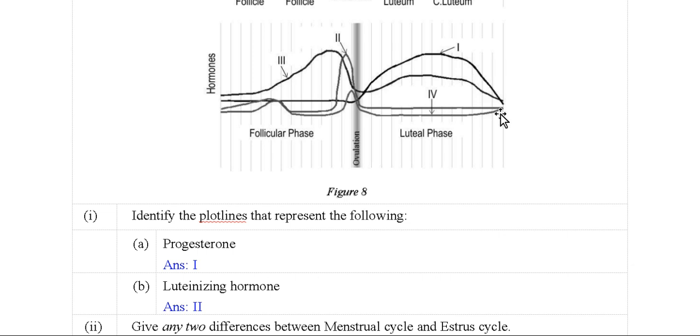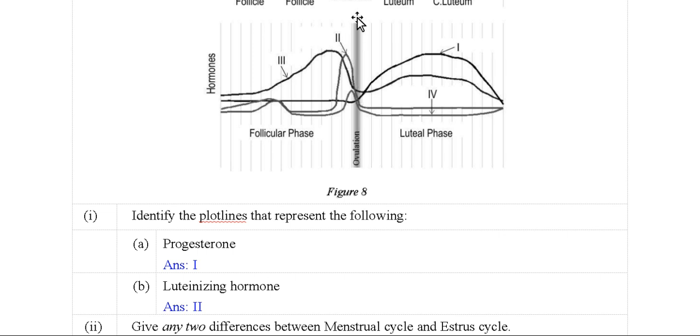Plot line 1 is for progesterone. Another part asks which line indicates luteinizing hormone. Line number 2 is for luteinizing hormone. So progesterone is number 1 and luteinizing hormone is number 2.